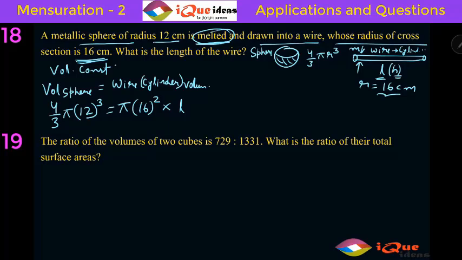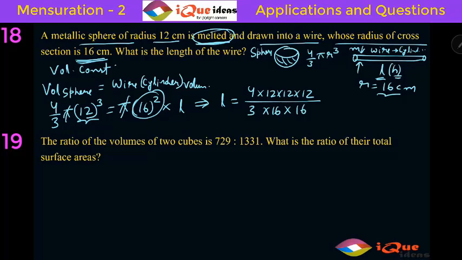All right. So pi gets cancelled. So from here you can see the value of L will be equal to 4 into 12 into 12 into 12. I'm not multiplying, I'm just opening 12 cube. Whole divide by 3 is already there, and the 16 square goes to the other side in the denominator. So let's write it as 16 into 16.